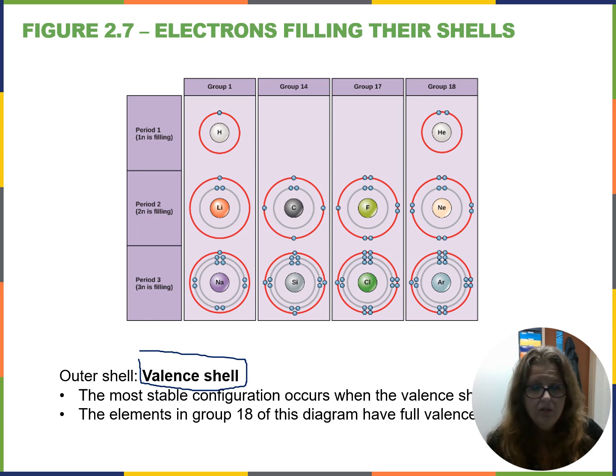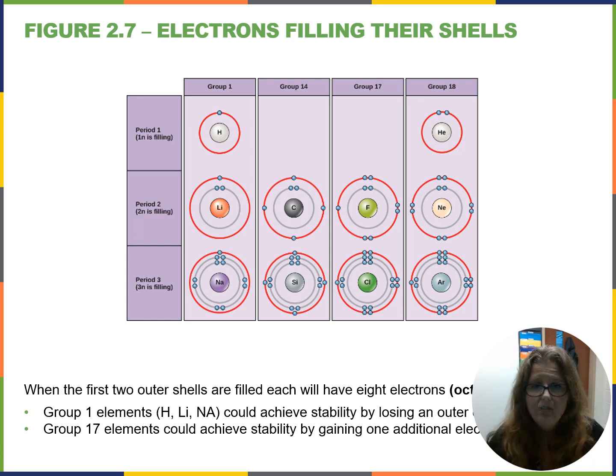And if you look at neon, this one is full, helium is full. So let's go on to my next slide here. When the outer shells are filled, they're going to have 8 electrons. They want that outer shell full, well, depending on what level it is. That first shell only actually holds 2. That's why you only see 2 right in here.